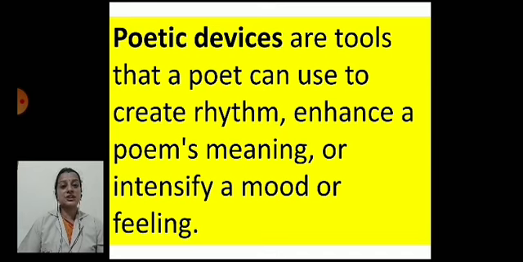So what is the function of a poetic device? Poetic devices are used by a poet in a poem to beautify it, to make it even more rhythmic, and to enhance the poem's meaning, and to intensify a mood or feeling, right?